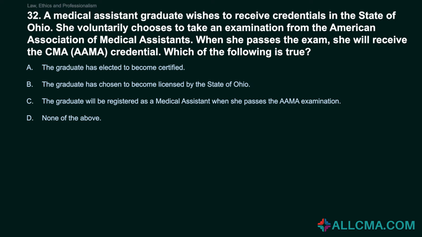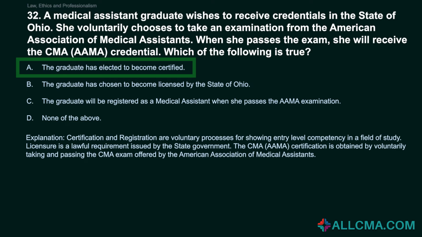A. The graduate has elected to become certified. B. The graduate has chosen to become licensed by the state of Ohio. C. The graduate will be registered as a medical assistant when she passes the AAMA examination. D. None of the above. Correct answer, A. The graduate has elected to become certified.